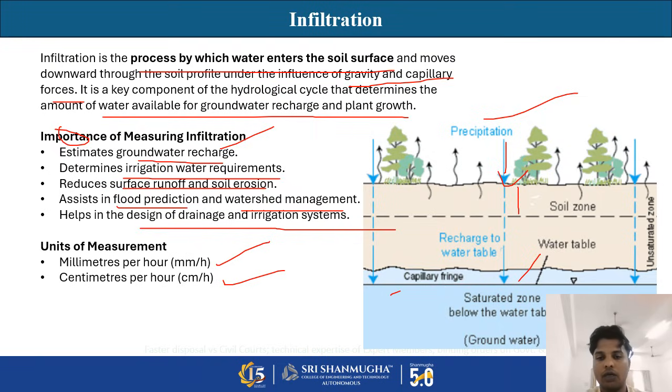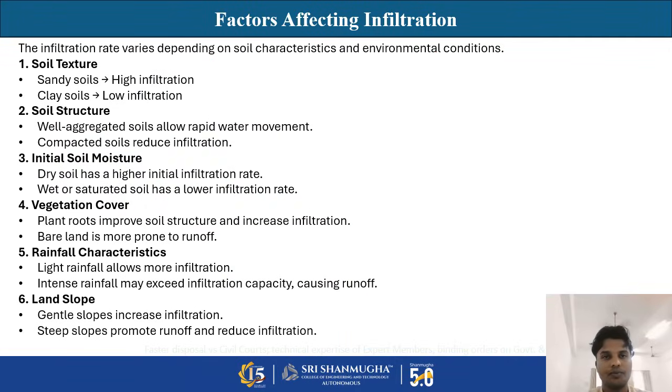Below the water table is called the saturated zone, and above the water table is called the unsaturated zone, because there is soil present. These arrows show evaporation. Okay, we can move to the next slide.